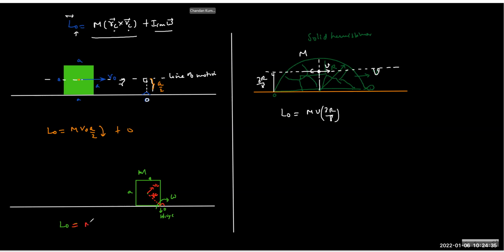The answer is the same. RC is also A by 2, A by root 2, and VC is omega into A by root 2. And the second term is ICM into omega. And what is ICM? So we know the answer: MA square by 6.